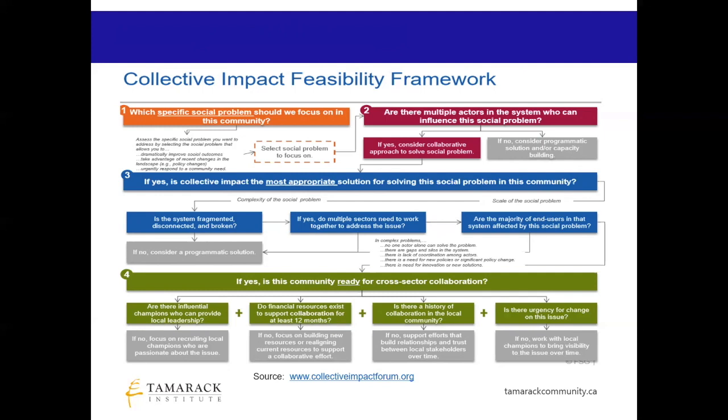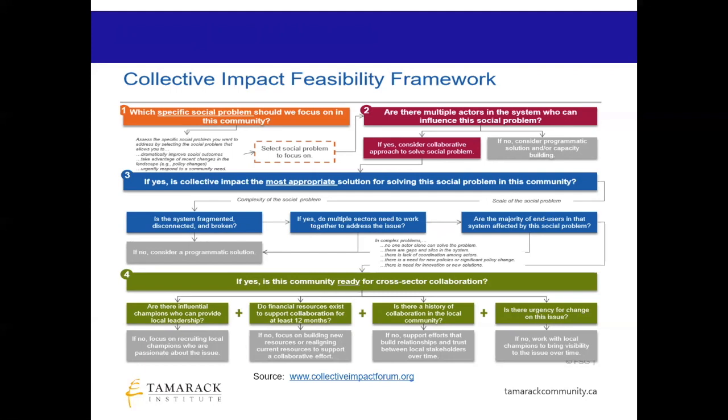And so it asks you in the first step to identify the specific social problem that you want to work on from your community context. The specific social problem wants to be big enough that you need people to come together and work collaboratively on it.